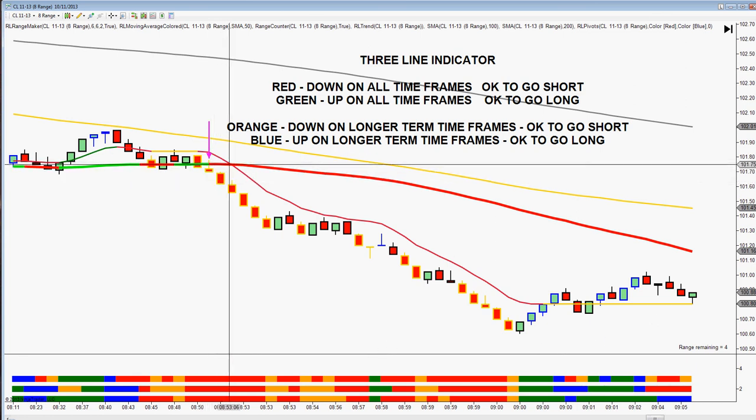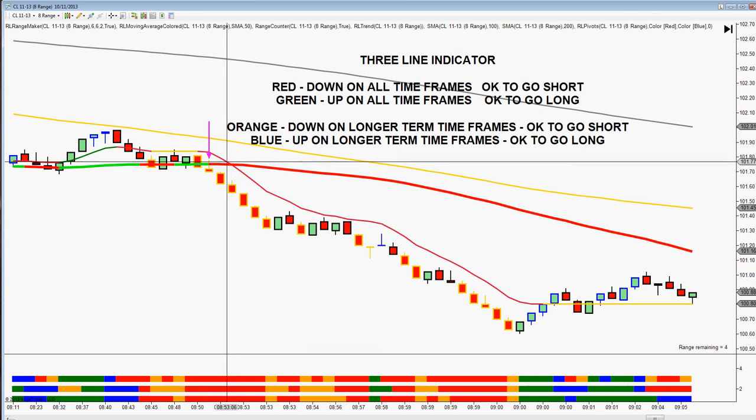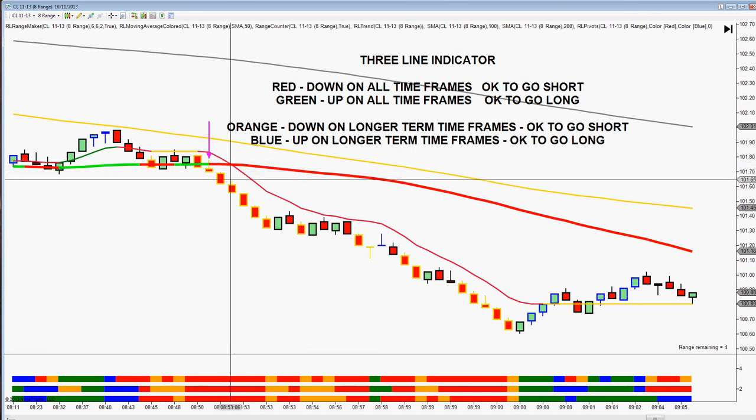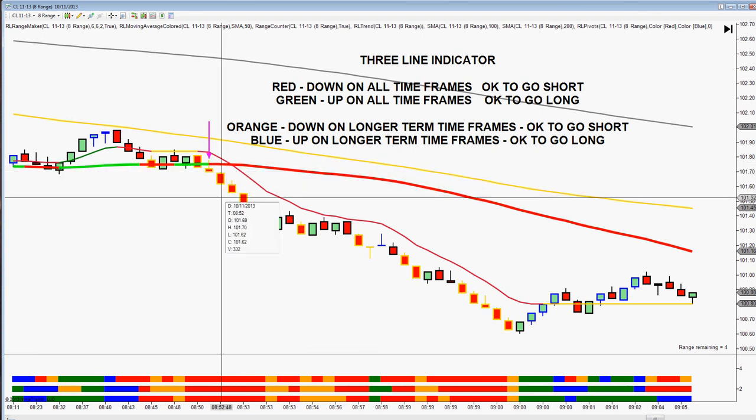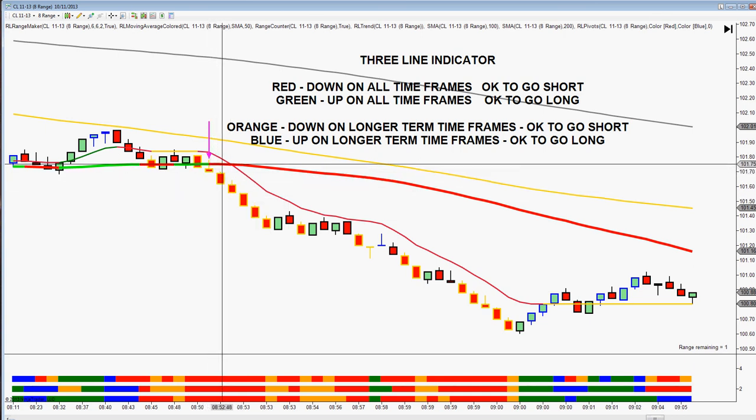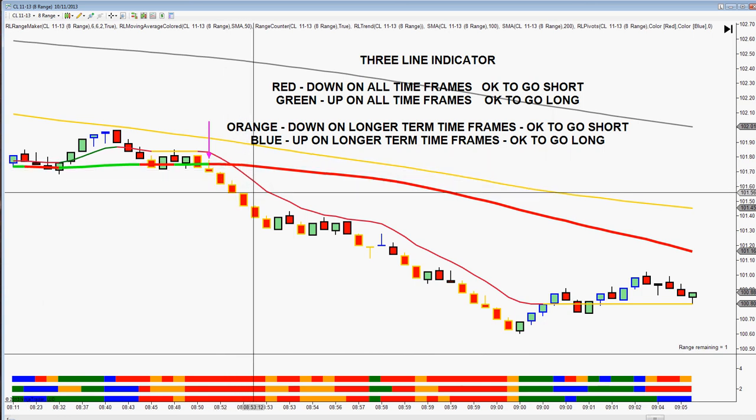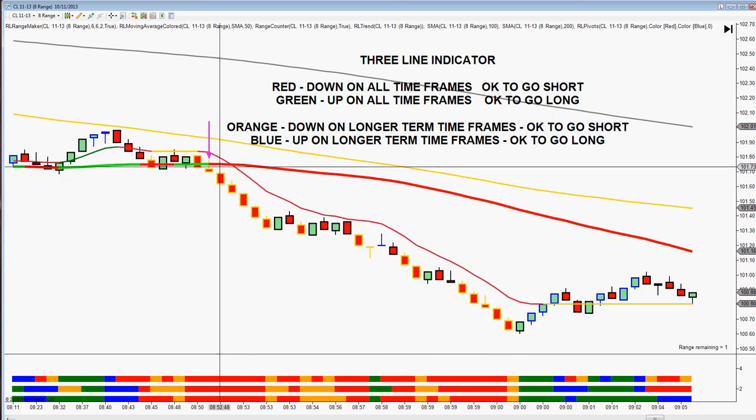Now the 15 is not quite below the 50, but it's red and pushing down hard. If you wanted to be a little bit more conservative, you may have wanted to go in here. If you wanted to be ultra conservative, you could have taken your entry here. But this is such a wonderful market structure setup. We have the 15 red heading down. We're below the 15.